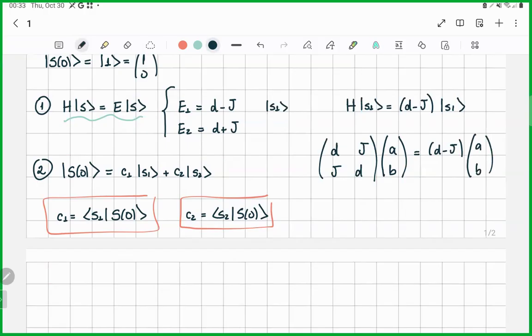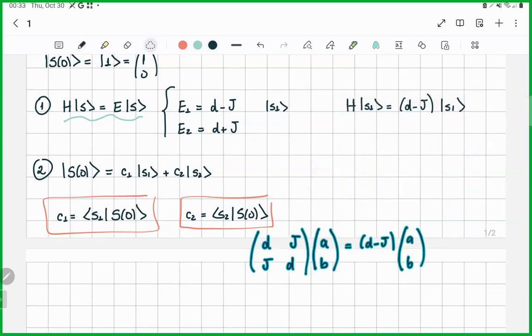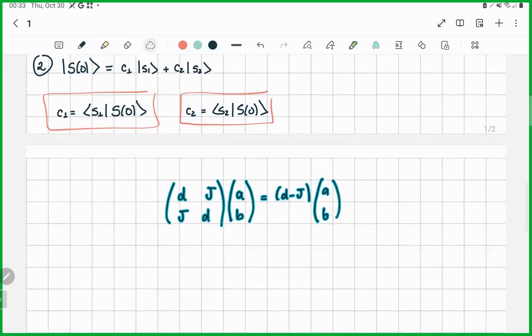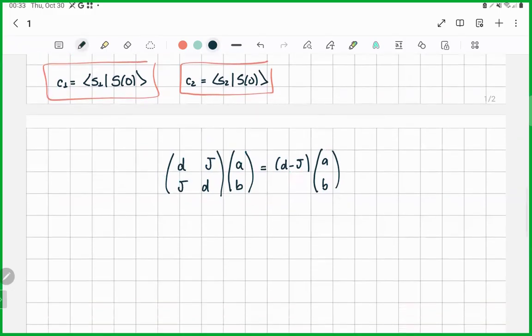Okay, all right. So let me copy this equation below so we have more space. So this is what we are trying to solve. Well, there are two equations here.